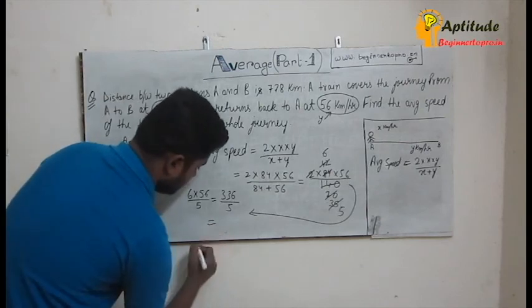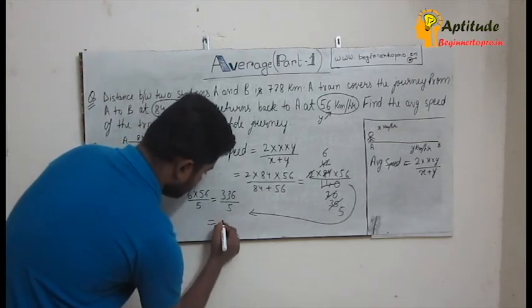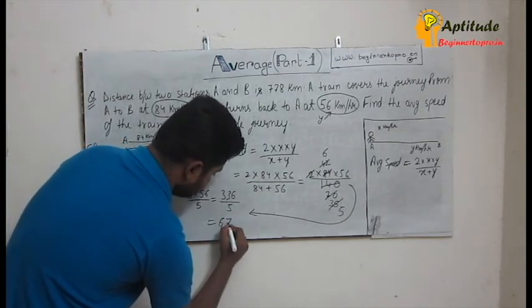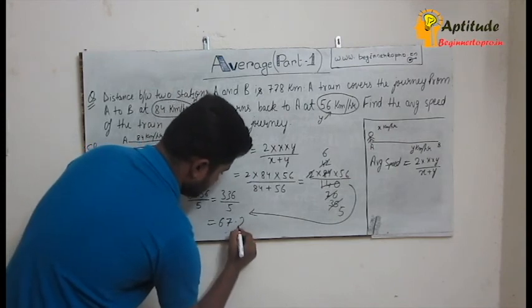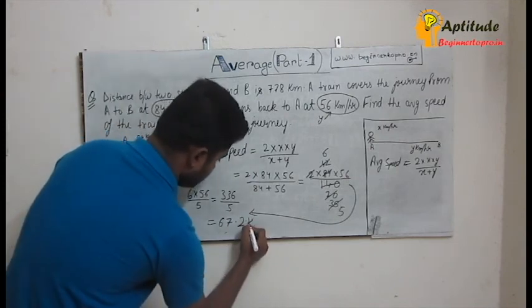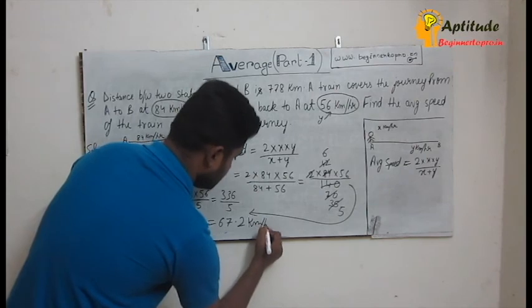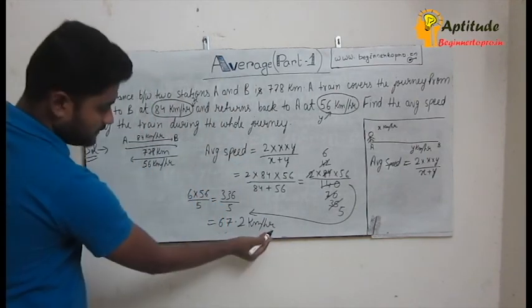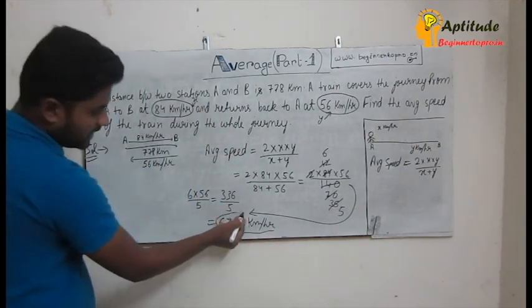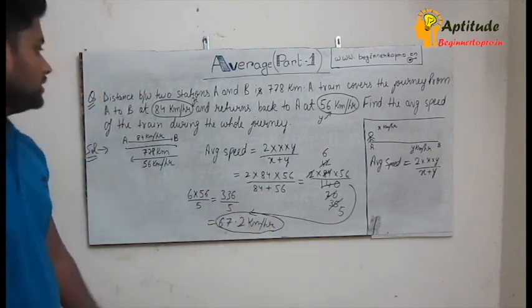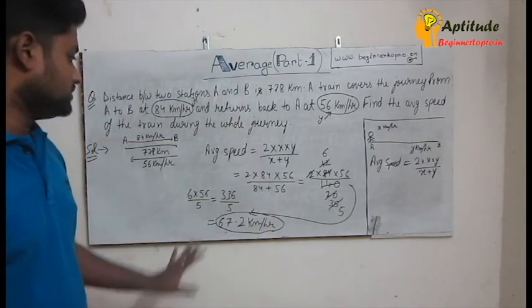So what will be the answer? 67.2 kilometers per hour. So this is your required average speed of the train during its whole journey.